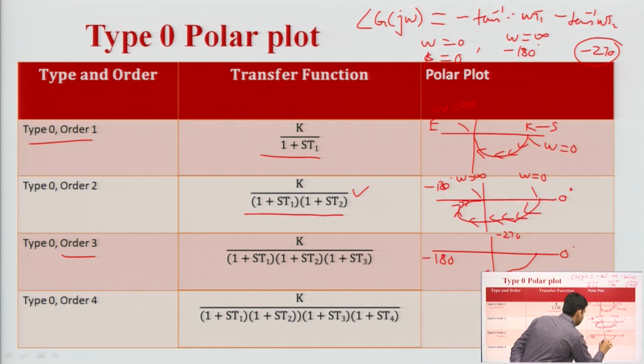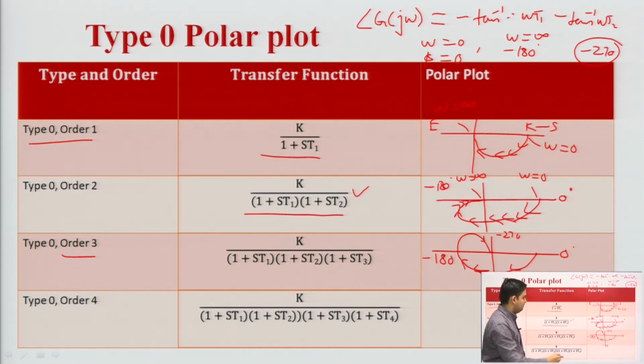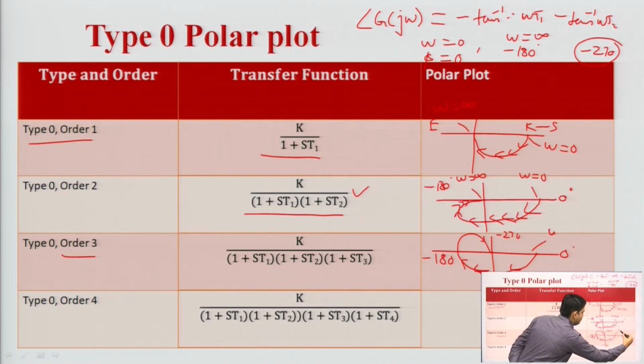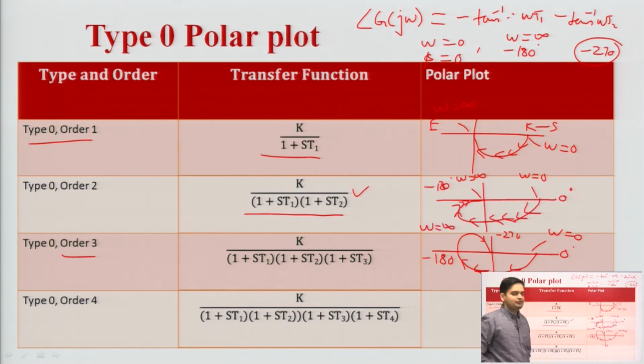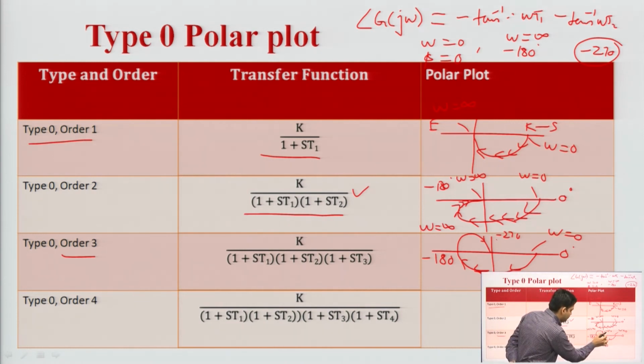I will move like this and then terminate at minus 270. This is my omega equal to 0 and here my omega is infinity. It means my polar plot will terminate toward the phase of minus 270.